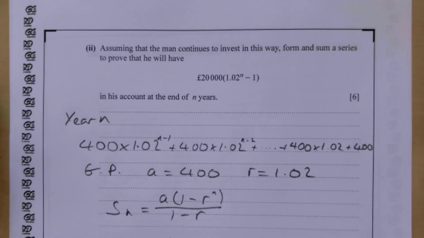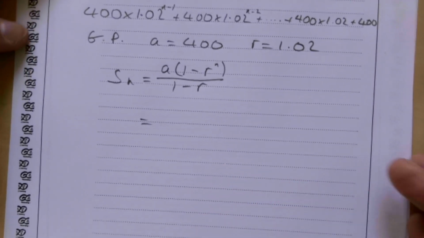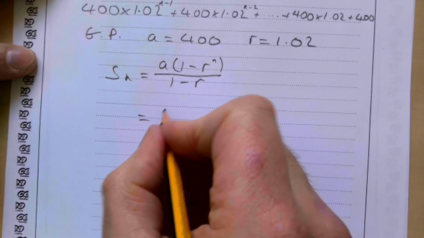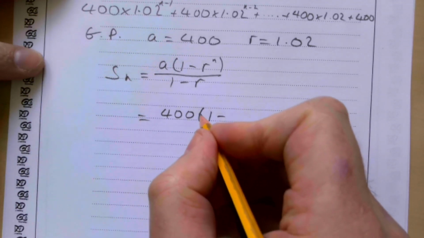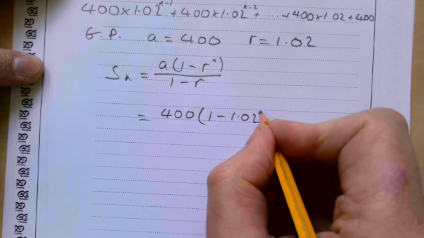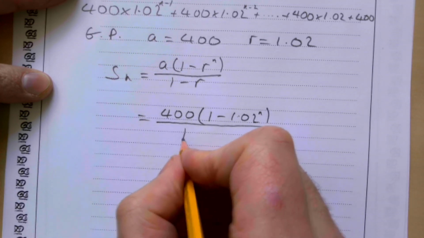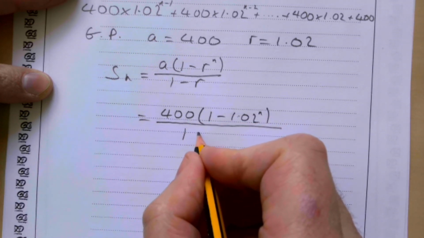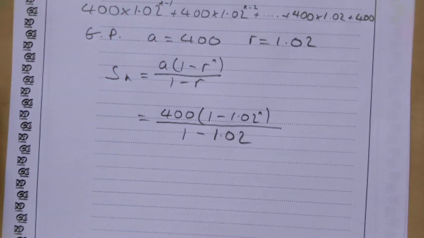So that's going to be 400 upon 1 minus 1.02 to the n all over 1 minus 1.02.